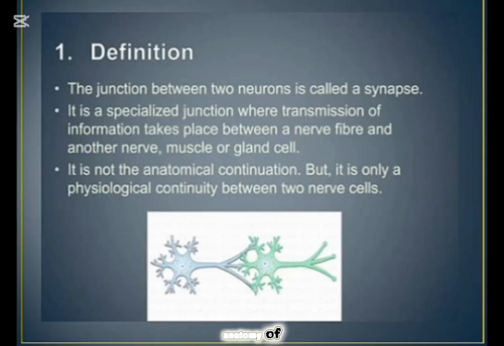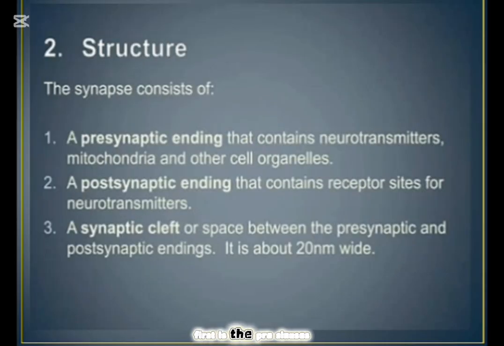Anatomy of the synapse. The structure of the synapse consists of three main parts. First is the presynaptic button or ending.